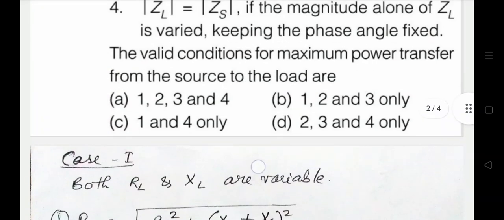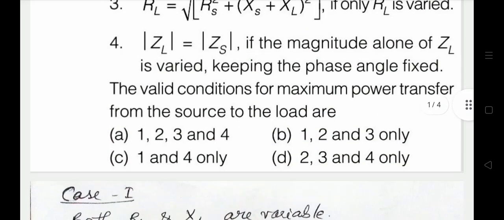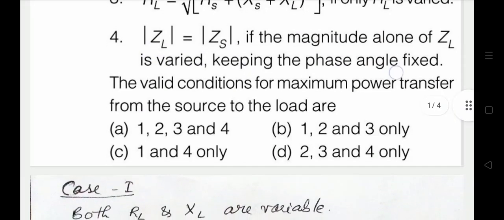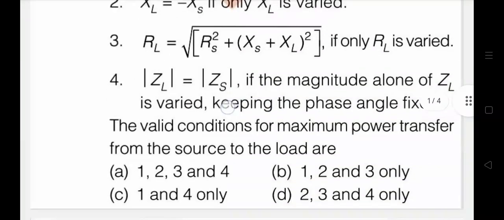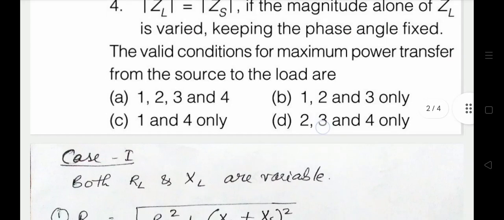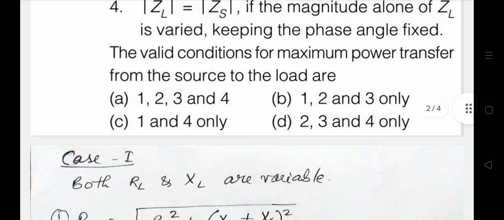Option 4 itself says the same as case 4, that mod ZL equal to mod ZS, keeping the phase angle fixed. So the valid statements are 2, 3 and 4. Option D is the right answer: 2, 3 and 4 only.